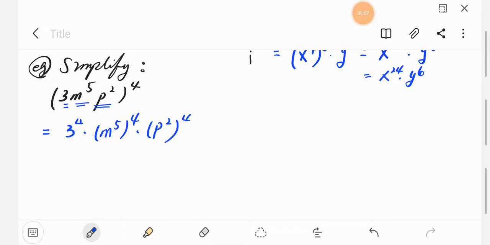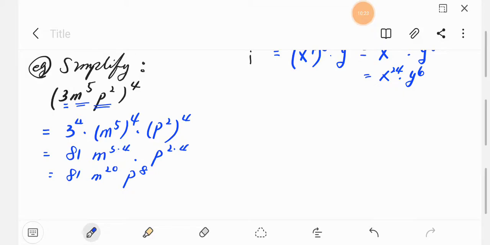Can you see it? So from this, 3 to the 4th power is 81, 9 times 9, and m to the 5 times 4, isn't it? 5 times 4. And then p to the 2 times 4th power. So that will be 81 m to the 20th power and p to the 8th power.